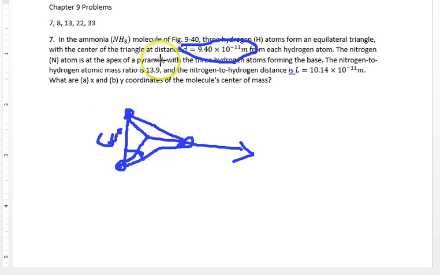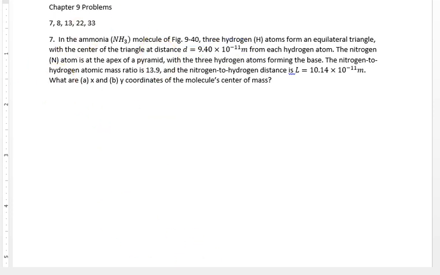Okay, so how do we figure out where the center of mass is? To do that, we're going to go to equation 9-4. The center of mass in the x direction is 1 over the total mass, times the sum from i equals 1 to, how many masses do we have here?